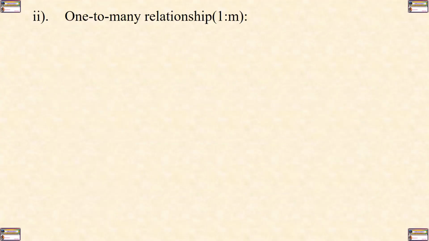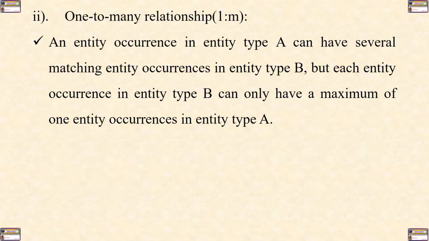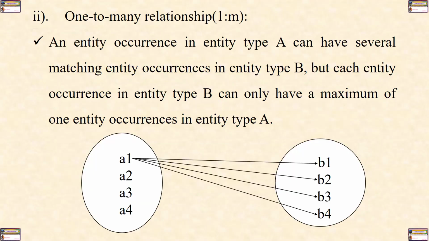What about the one-to-many relationship? In a one-to-many relationship, an entity occurrence in entity type A can have several matching entity occurrences in entity type B, but each entity occurrence in entity type B can only have a maximum of one entity occurrence in entity type A. You can see that entity A1 is related to all the entities in entity B. Let me put it in a simpler way.